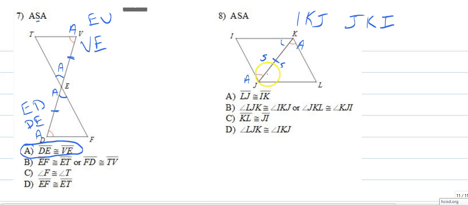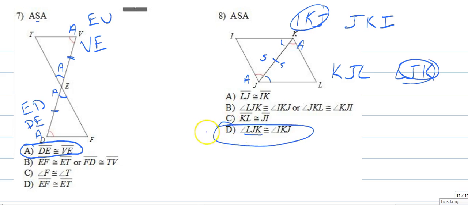We have a symbol. We need the bottom angle here. This bottom angle is KJL, or it will be LJK. So we just find that. LJK is right here, IKJ is right there. That should be D.